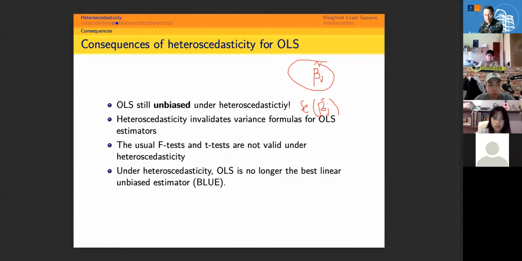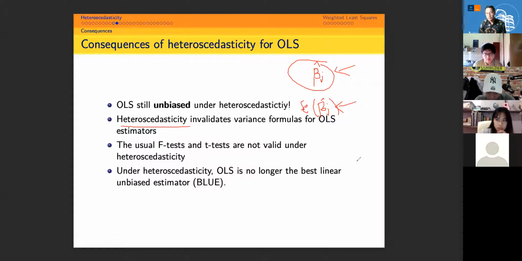Now, the issue is actually not in the estimation of the beta hat J. If you violate the homoscedasticity assumption, thus heteroskedasticity, you will invalidate the variance formula for the OLS estimators. So the standard error that you estimate from the data is not going to be valid.